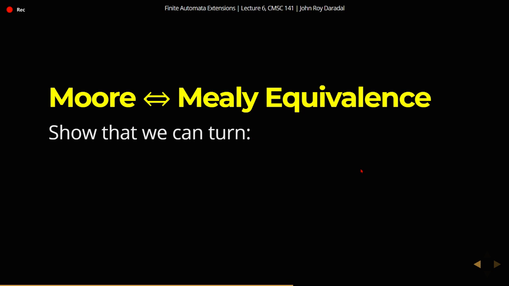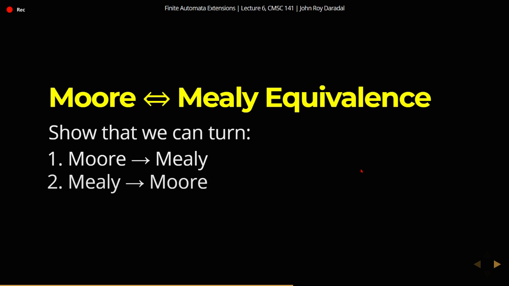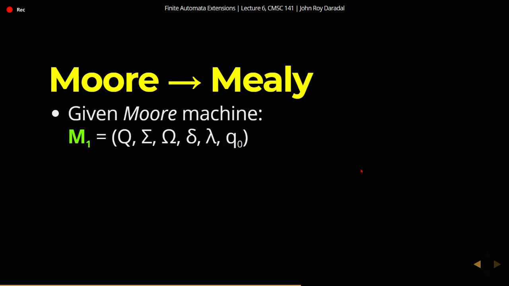Okay, yeah, that's it. So let's now look at the equivalence of Moore and Mealy machine, and we need to show that for them to be equivalent, we can turn the Moore machine to a Mealy machine and vice versa. Okay, so let's take a look at how to convert a Moore machine to a Mealy machine first.